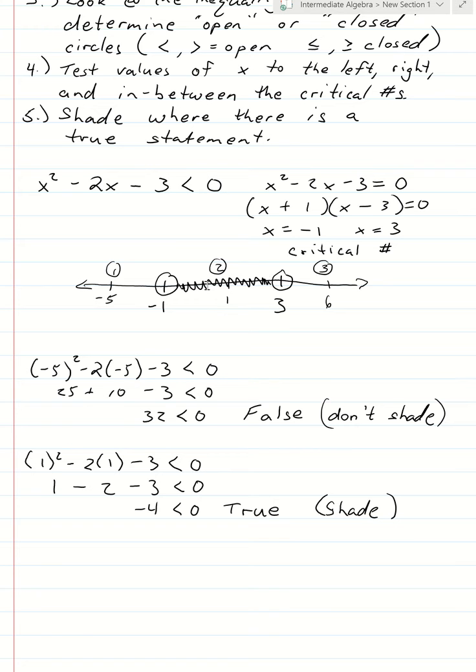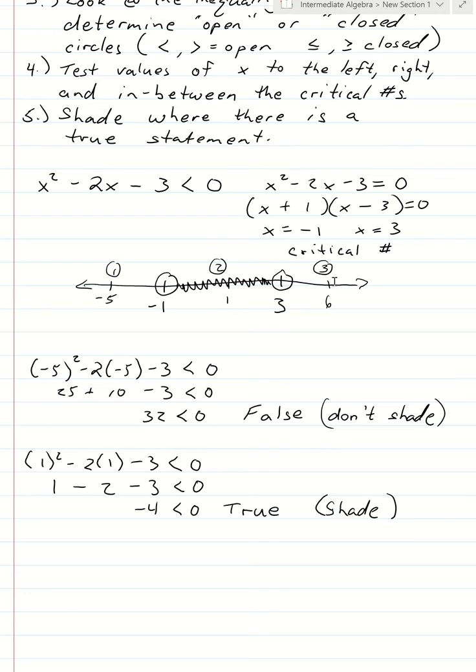If you picked 0, that would produce a true statement. If I picked the number 2, that would produce a true statement. I am not limited to just the whole numbers. I could have picked 1.5. I could have picked 2 2/3. I could have picked a negative 1/2. And all of those numbers would have produced a true statement because all of those numbers come from region 2.